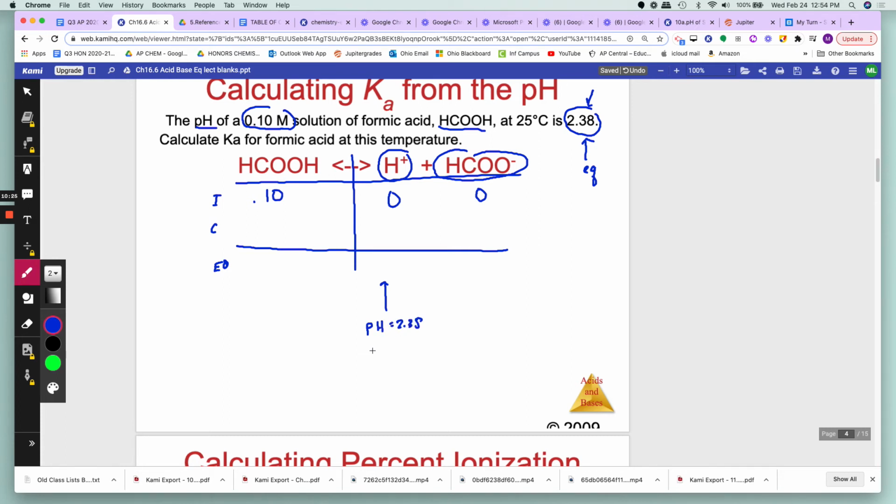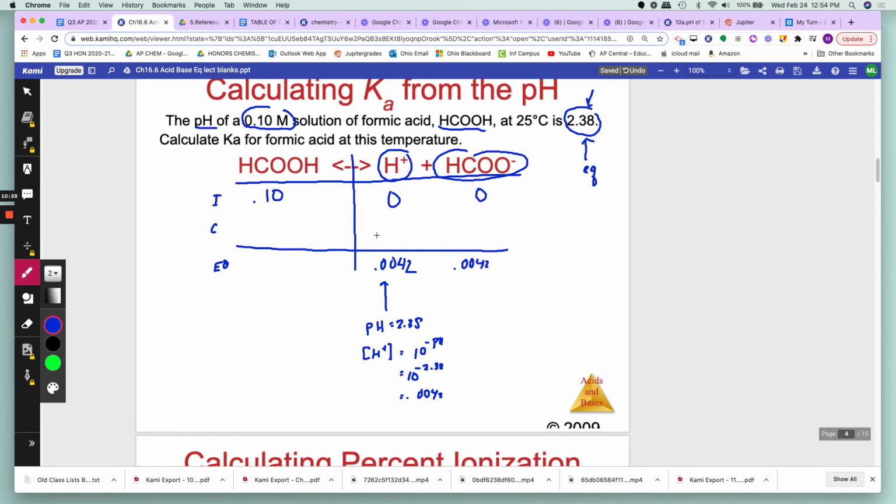To get the molarity of H plus, the formula is 10 to the negative of the pH, which is 10 to the negative 2.38. Go ahead and plug that in the calculator, which is 0.0042, and again, that's at equilibrium.